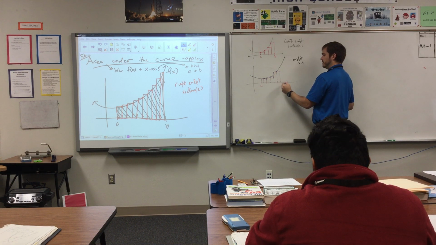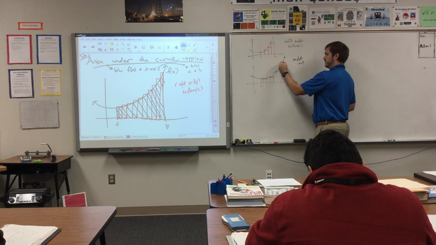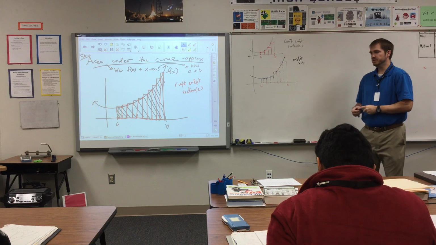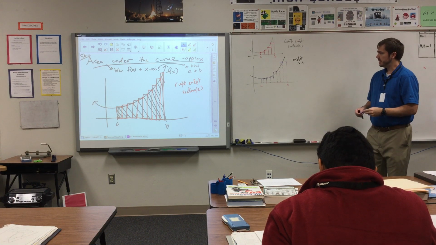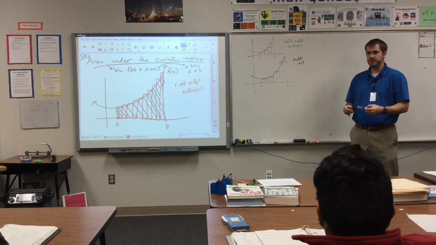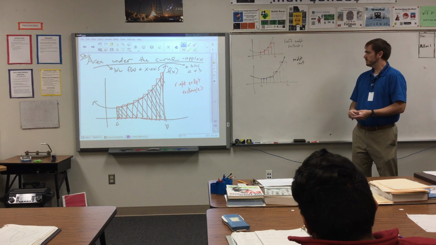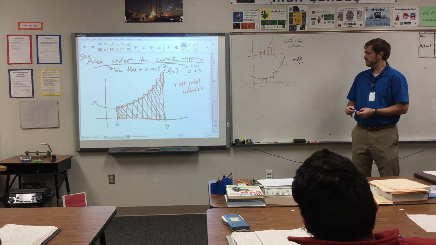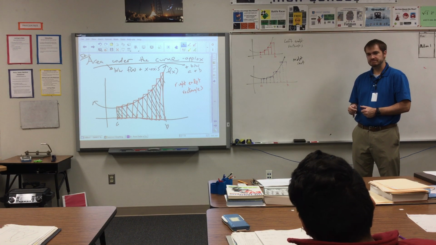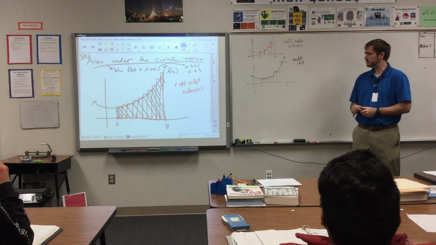And that's how high you go up. And if you draw it properly, you can pretty quickly see why midpoint rectangles are definitely preferable. What do you think about that, Nick? Why would you say that is preferable?